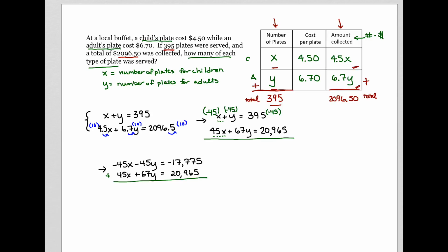Negative 45x plus 45x cancels. Negative 45y plus 67y gives us 22y. And negative 17,775 plus 20,965 gives us 3,190.